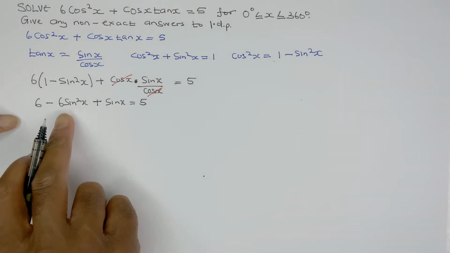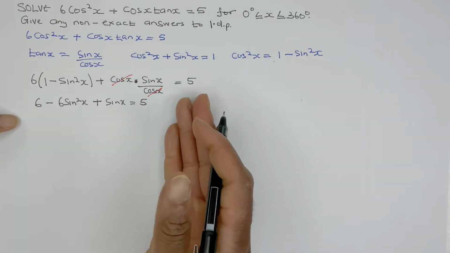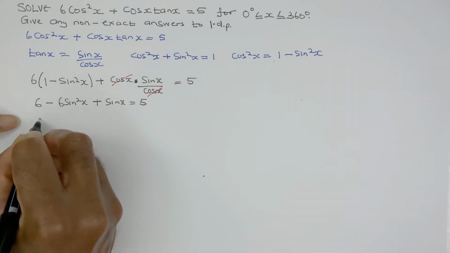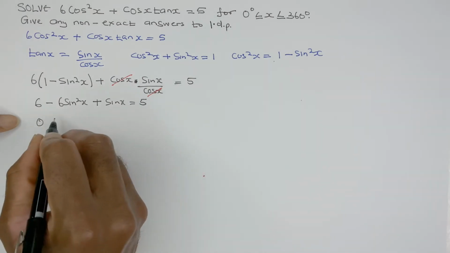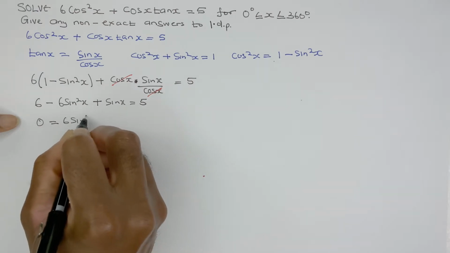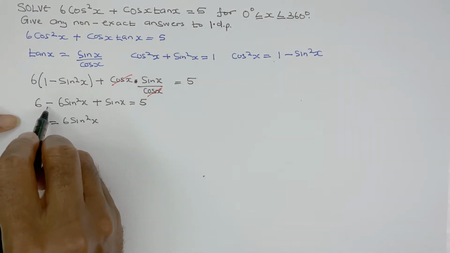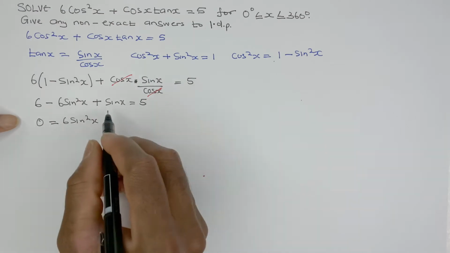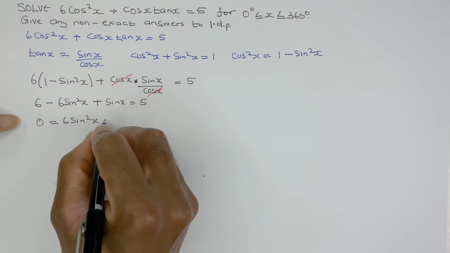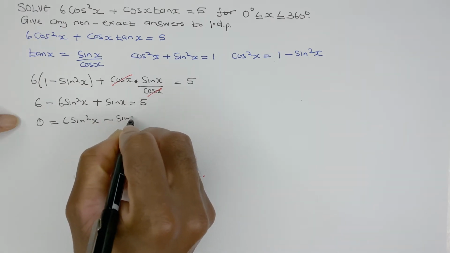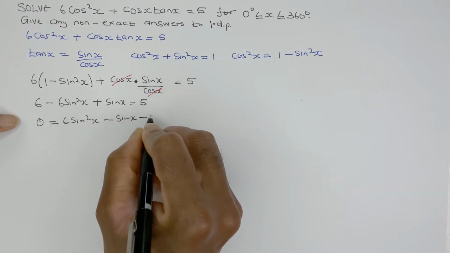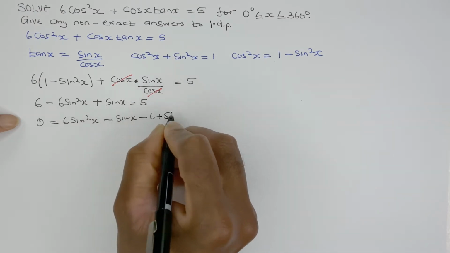I'm going to move everything to the right. So I'm going to get 0 equals 6 sine squared x, because when you move it to the right the sign will change, minus sine x, because I moved that to the right, and minus 6 plus 5.